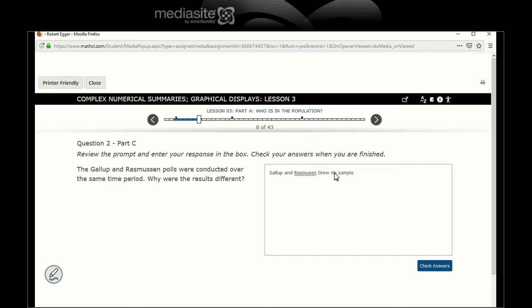So Gallup and Rasmussen drew their samples from different populations, where one of them, Gallup, may have been polling Americans who do not vote, so have a different attitude on the politics.